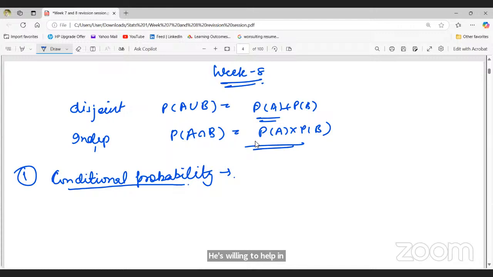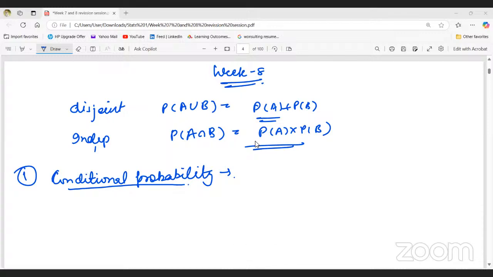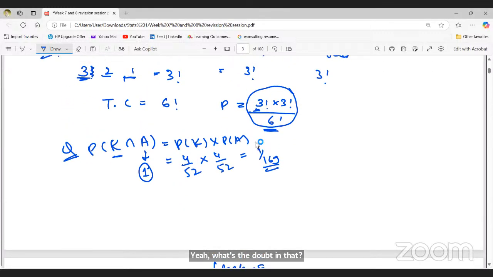Practice assignment 7.2, number 5. The event of A occurring and B not occurring for two events can be represented as... What is the probability that a student selected at random has participated in both singing and acting? Yes, ma'am, practice assignment 7.2.